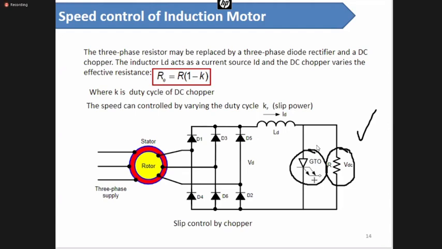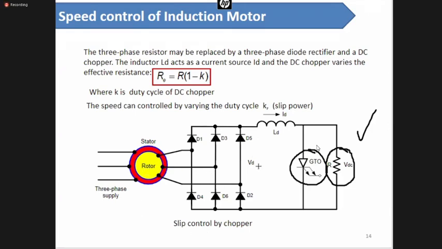So if the duty cycle to turn on the GTO is K, because the resistance appears only for the turn off duration, the effective resistance is equal to R into that turn off duration, 1 minus K. That is the effective resistance that is going to be sensed by this wound rotor induction motor.